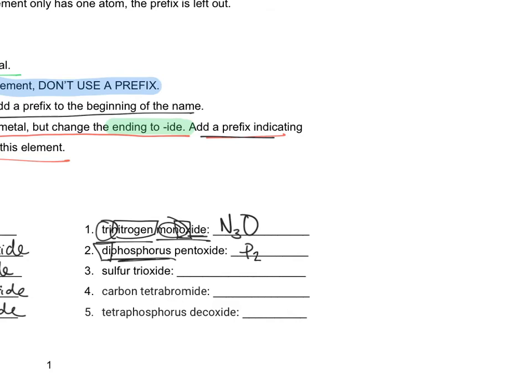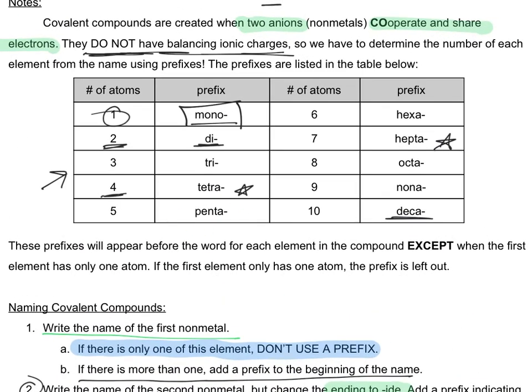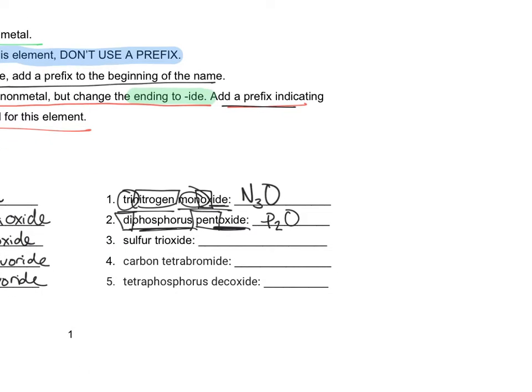Moving on to the second word, we've got that oxide again, which comes from oxygen with the changed ending. So write O. And the prefix is pent, which came from penta, which if you look up here is 5. So that one's going to be P2O5. Go ahead, pause the video again, try these next 3, see if you can do it.